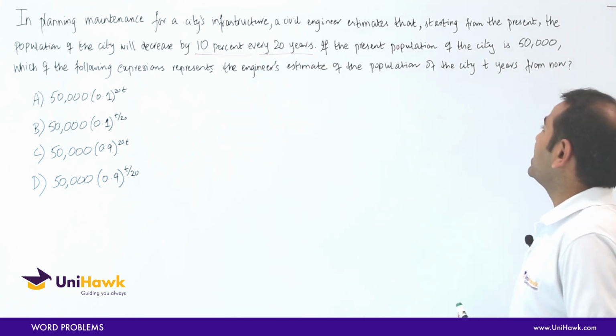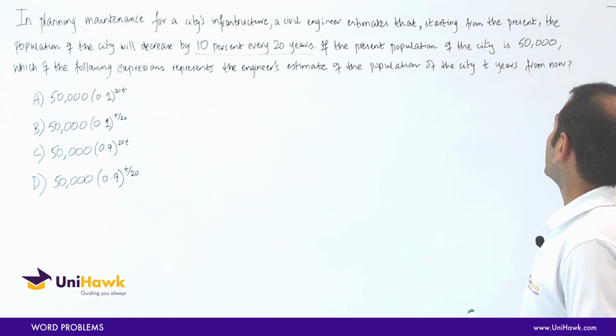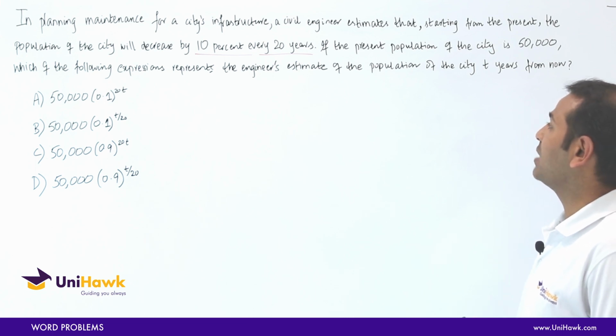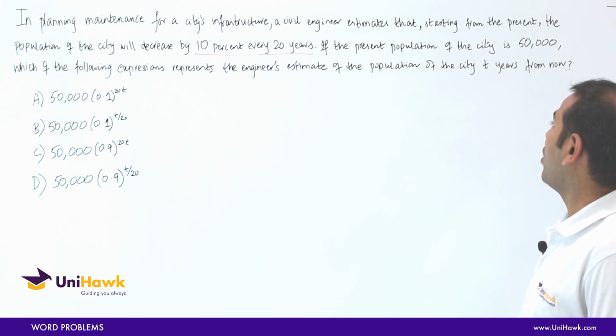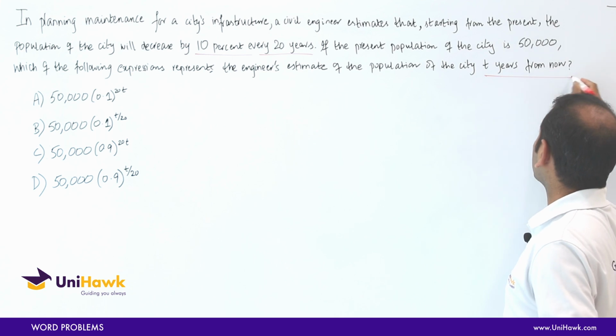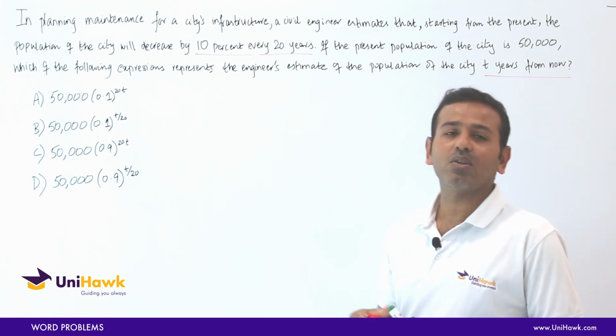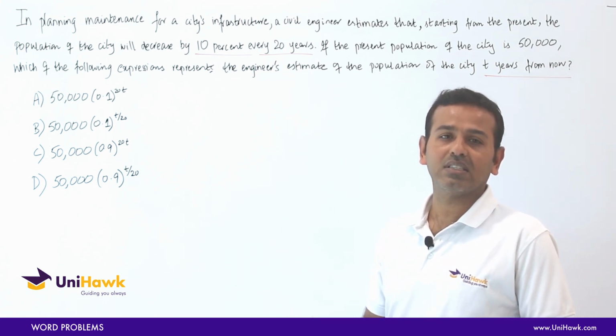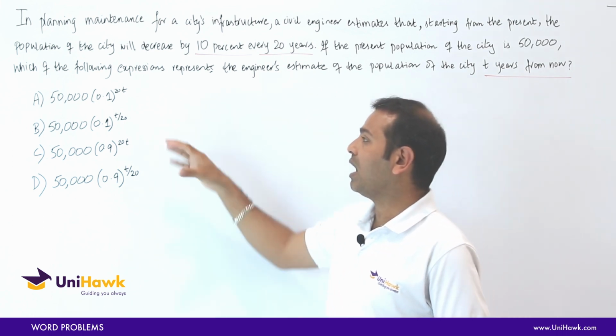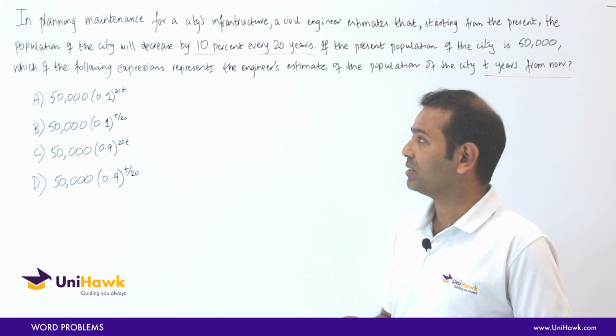If the present population of the city is 50,000, which of the following expressions represents the engineer's estimate of the population of the city in T years, right? So here he's not saying 1 year or 2 years, he's talking about T years. T is a variable here, right? And all the options are in terms of expressions, right?